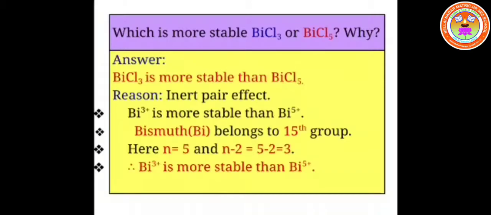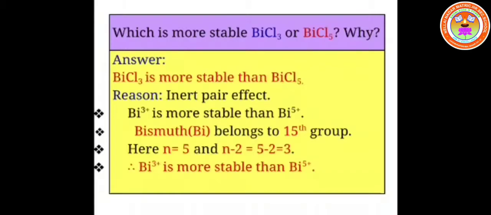So the n state is 5 here. Bismuth belongs to the 15th group, n is equal to 5, and n-2 is equal to 3. So Bi3+ is more stable when compared to Bi5+. Therefore, bismuth trichloride is more stable than bismuth pentachloride.